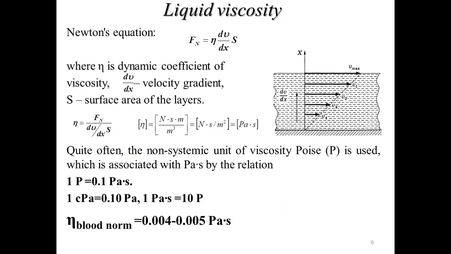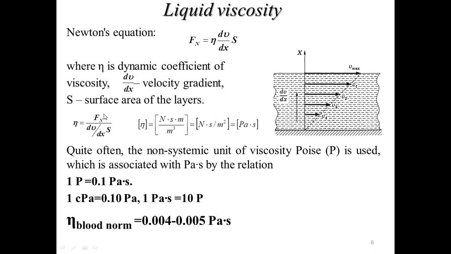When we consider the relative motion of layers of liquid, we come to the notion of internal friction forces, which can be described according to Newton's formula. In this formula, eta is the dynamic coefficient of viscosity, dV per dx represents the velocity gradient, and S is the surface area of the layers.